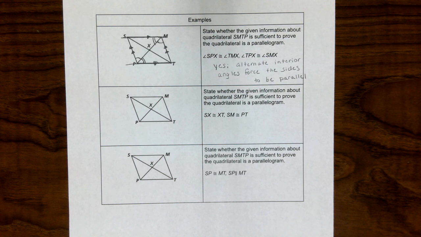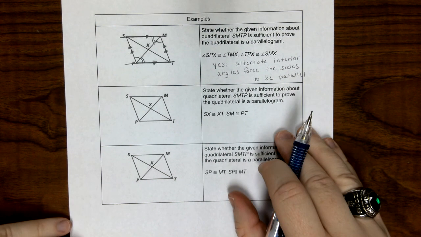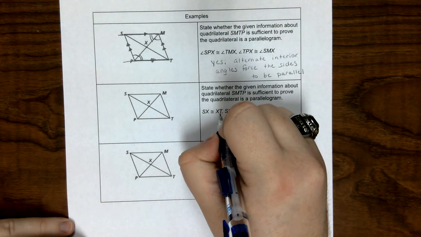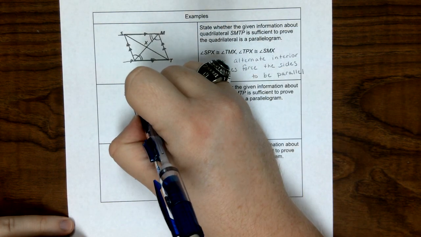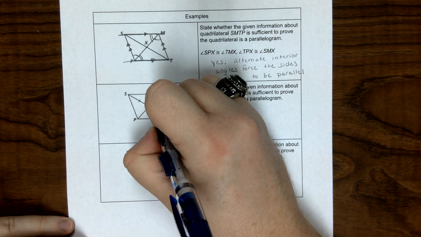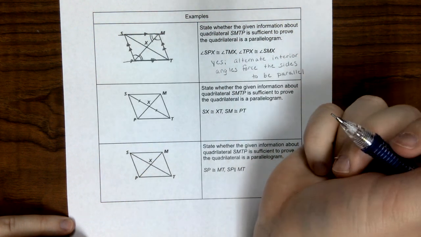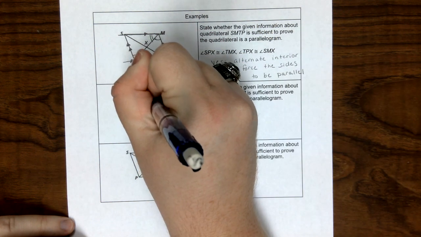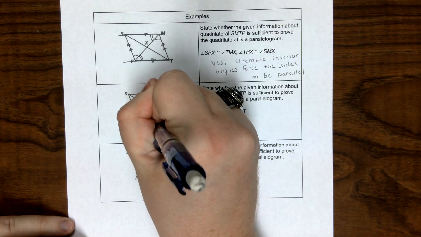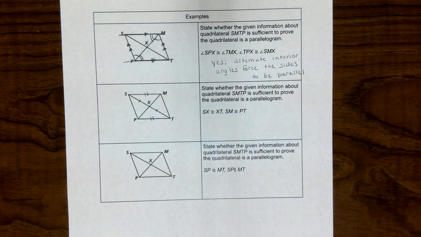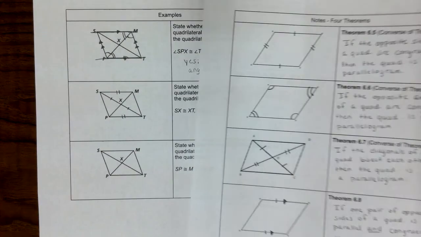All right, let's do the last two. SX is congruent to XT, so I'm going to mark that up. And then SM is congruent to PT, so I'm going to put two dashes for them. All right.